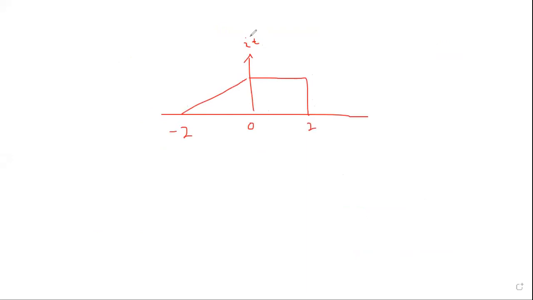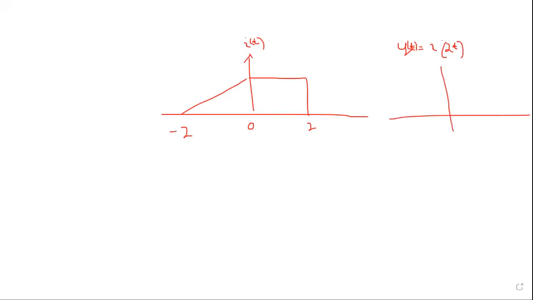If I say y of t equal to x of 2t, not 2 into x of t, can you tell me what is going to happen? y of t equal to x of 2t. There is a catch here.